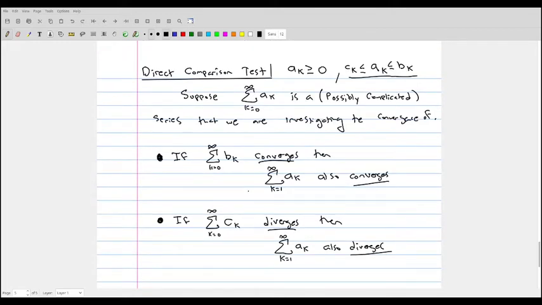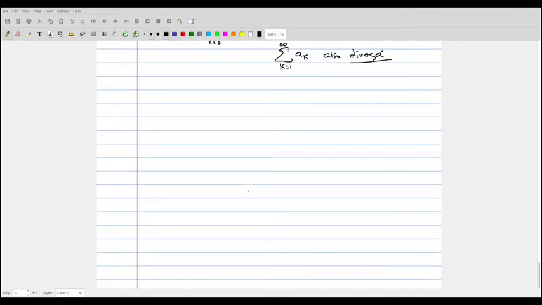It's an extremely powerful tool for telling us, for very complicated sequences and series, whether the series will converge or diverge, if you can find a nice comparison series that is simpler to investigate the convergence or divergence of. The second test that we have is the limit comparison test.